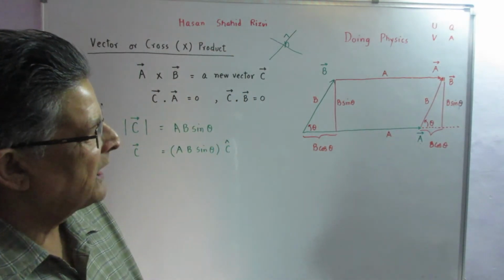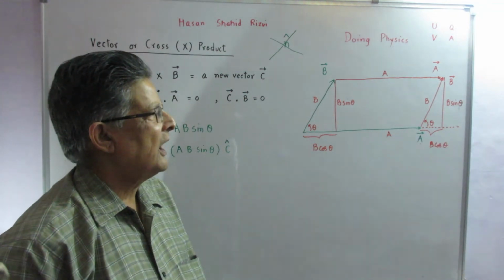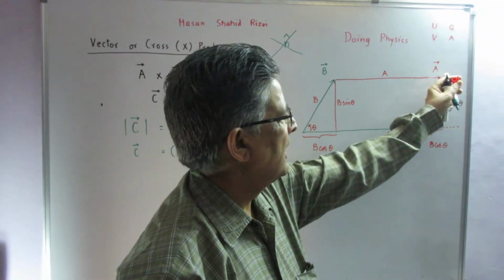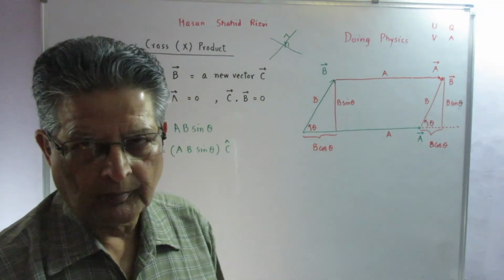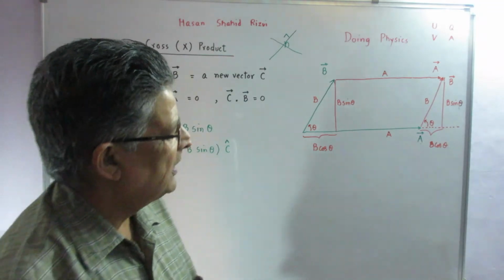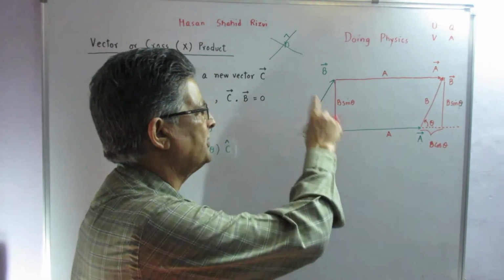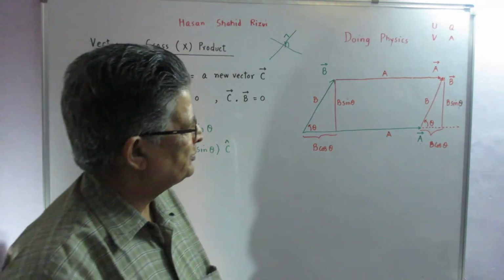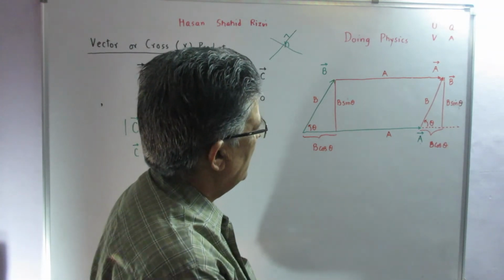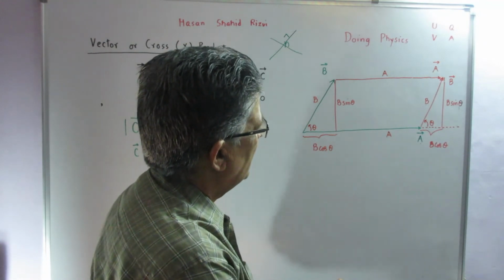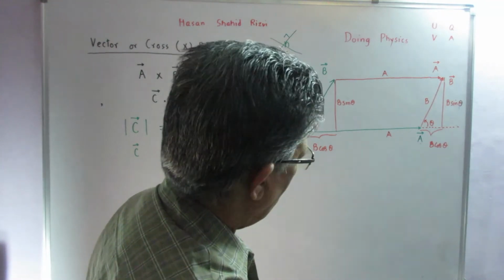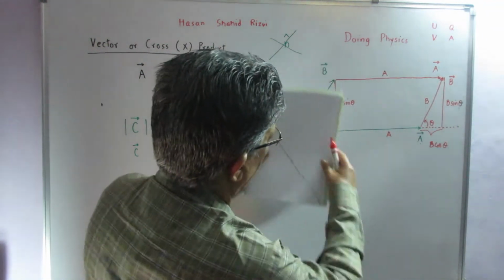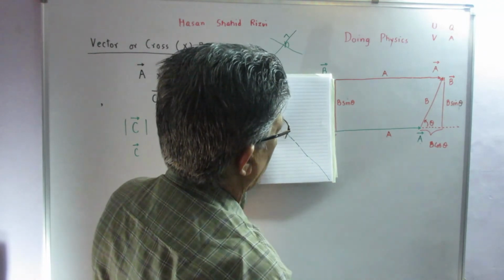So what I have now is a rectangle with the length equal to A and the breadth equal to B sin theta. Suppose I don't have this part.